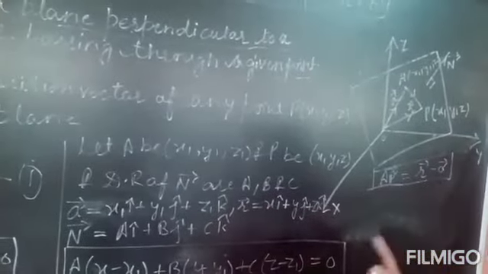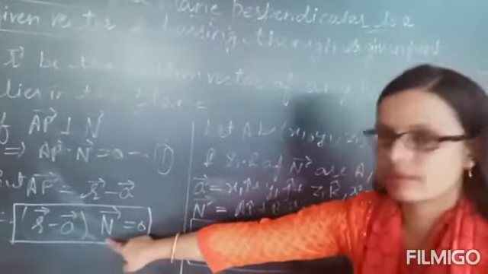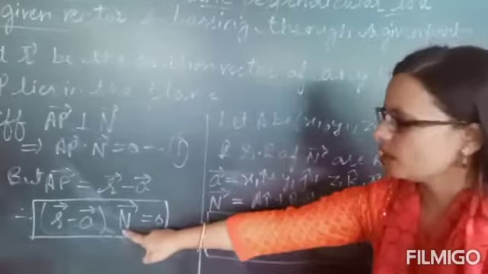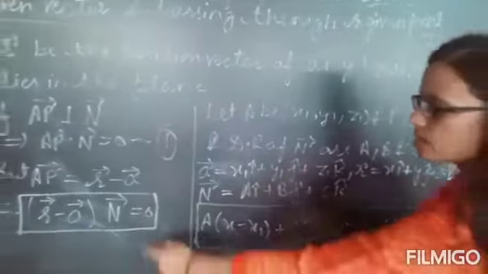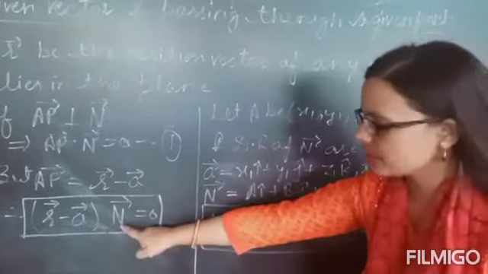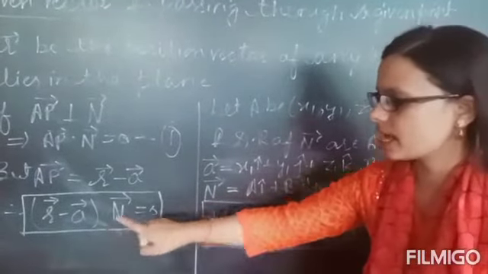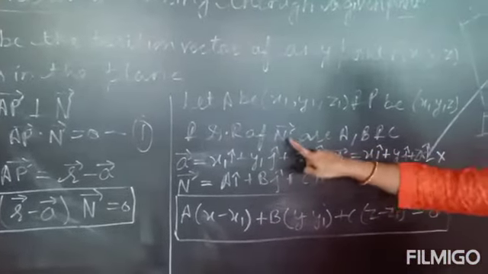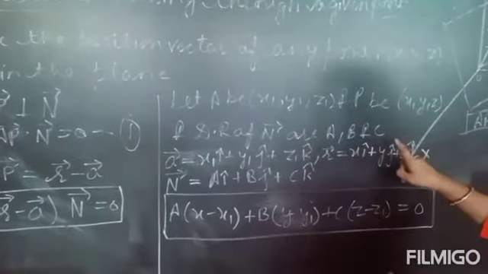Now n is the normal vector, not a unit vector, so its coordinates are direction ratios. If n is a unit vector, then its coordinates would be the direction cosines. So the direction ratios of n are a, b and c.